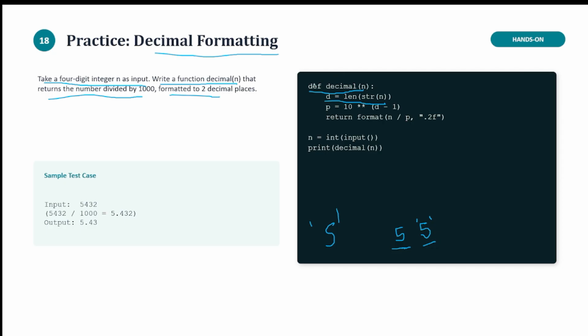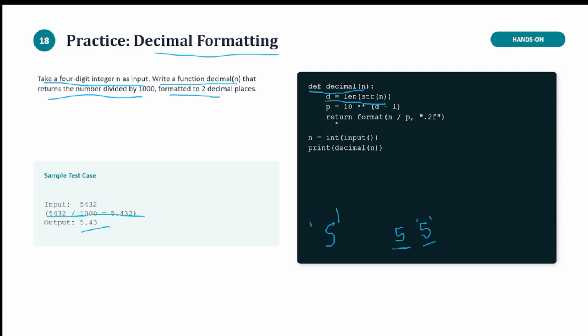So here you can see we are going with def decimal n, then d equal to length of string n, then p equal to 10 to the power d minus 1. Why was it there? Because it is mentioned in the question that we have to do this. You can see in the sample also, 5432 divided by 1000 equals this. So after converting to decimal places, our output will be this.